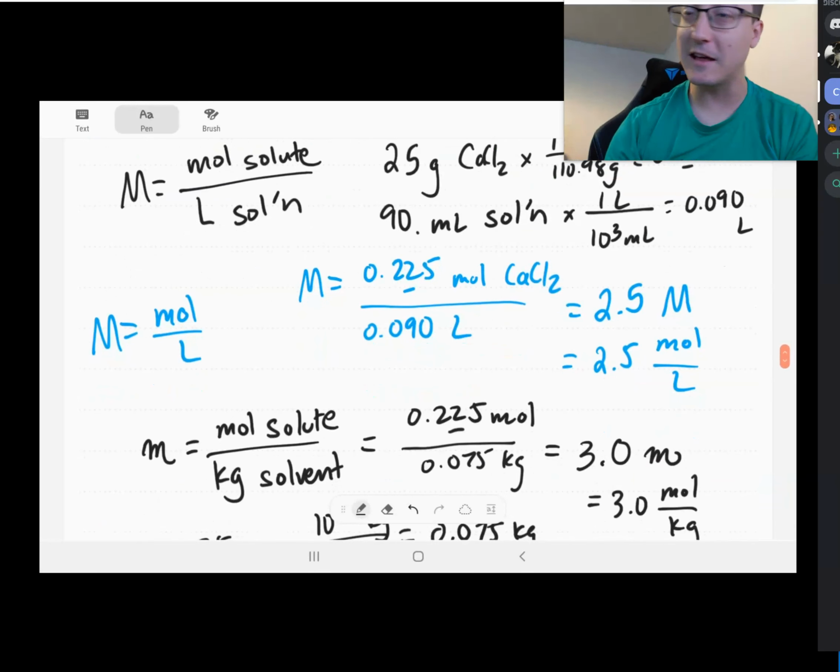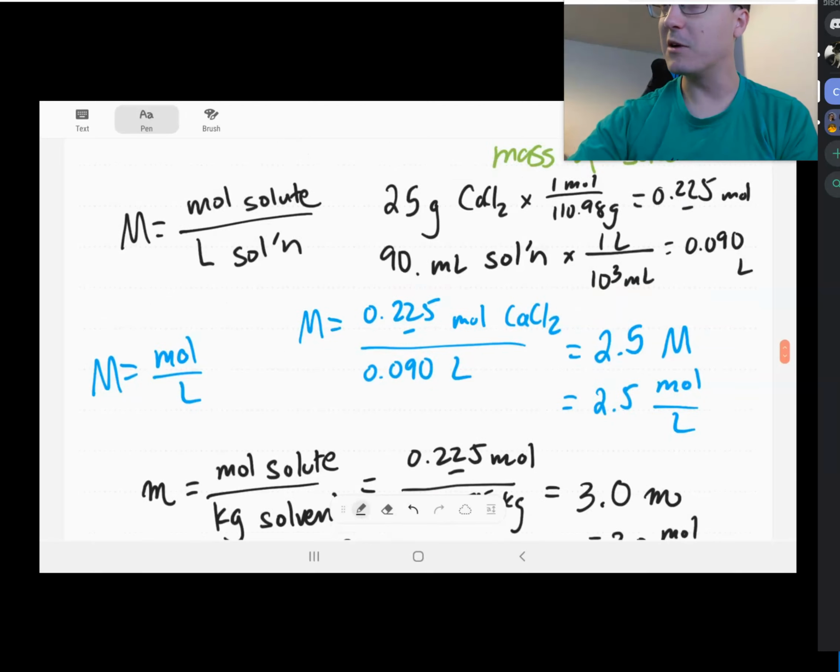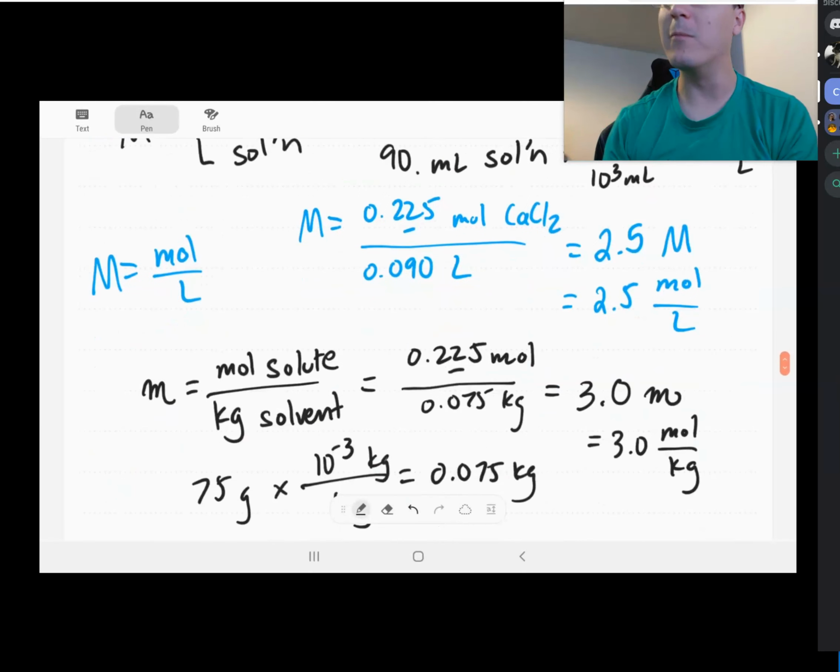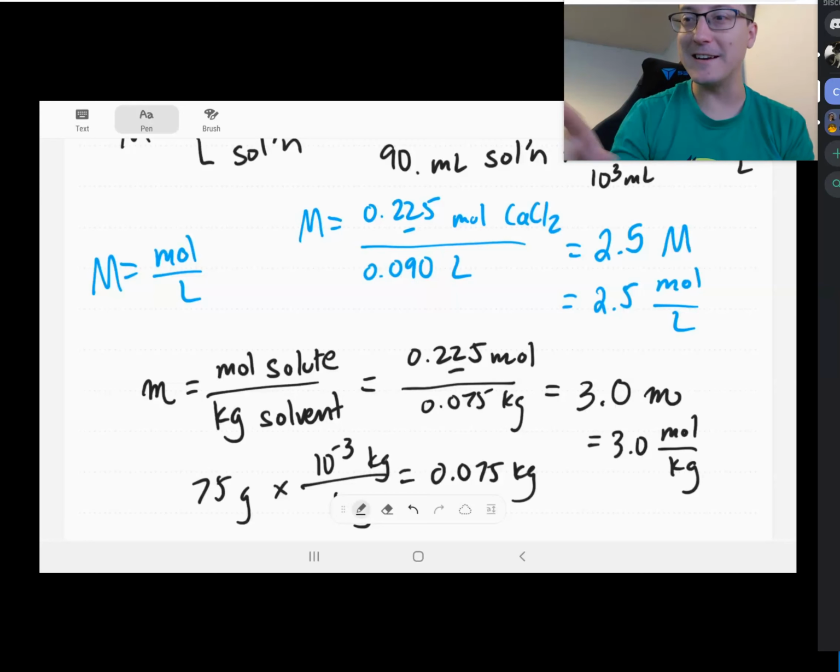It just happened to be that, which was kind of lucky. But 25% to 3.0 moles per kilogram is even less intuitive. Unfortunately, there's not an easy way to convert between these. Any questions on any of these three?